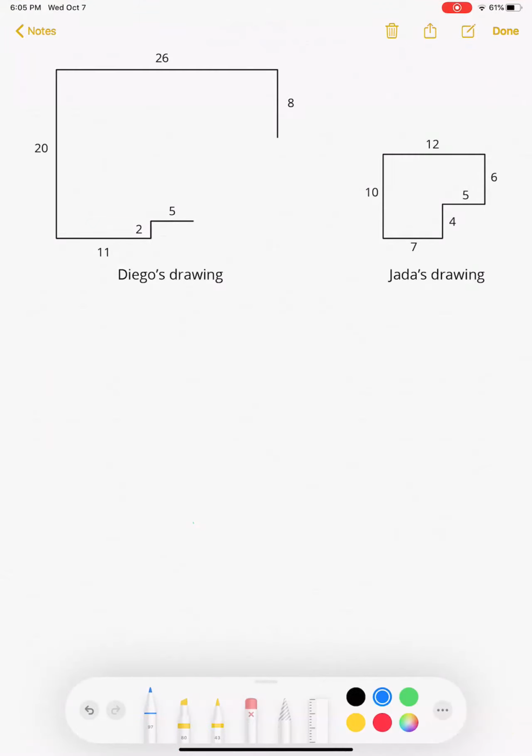If the original side length that matches with this copy length is 30, this is what Diego did. He went 30 minus 10 and he got 20. Here's my guess why he did that.